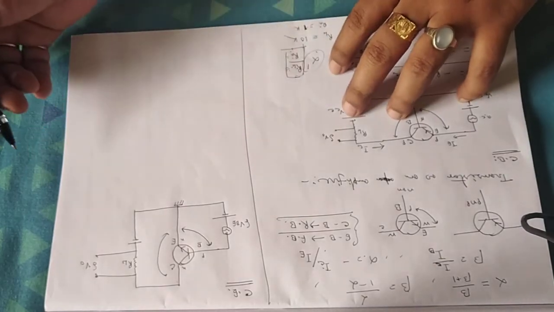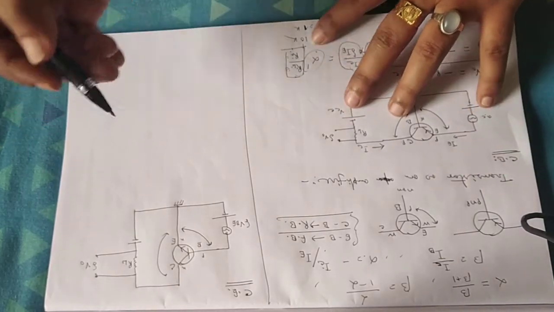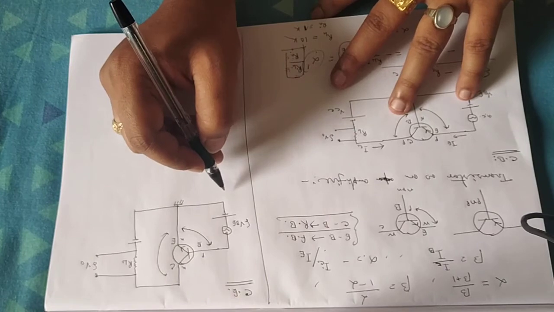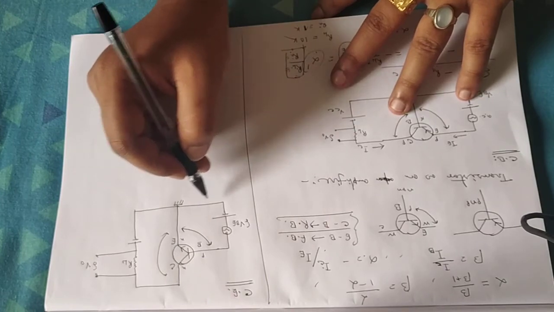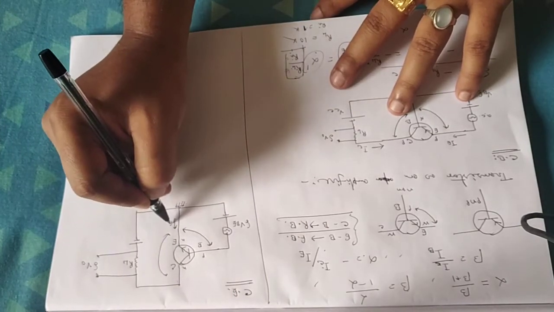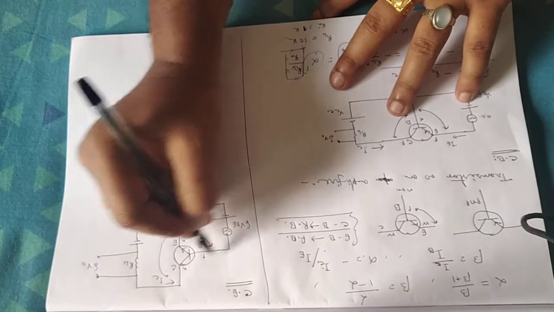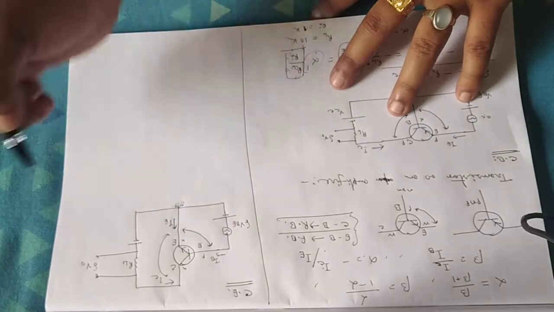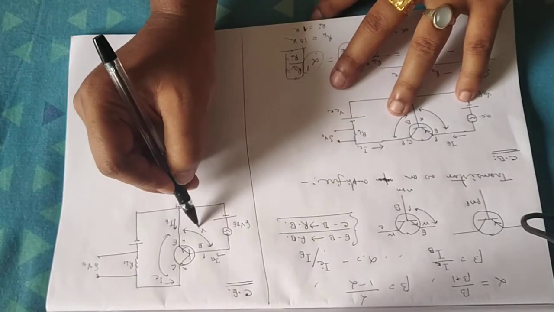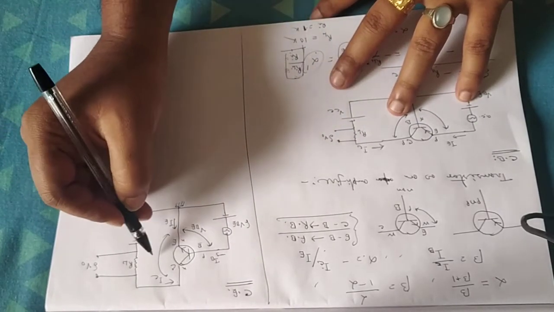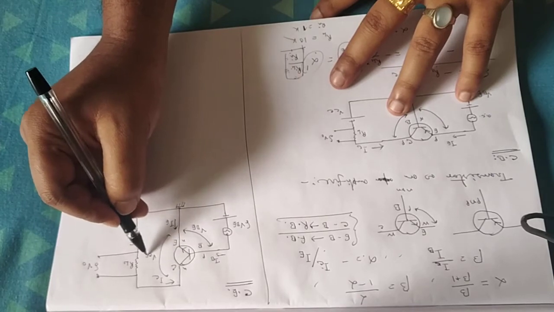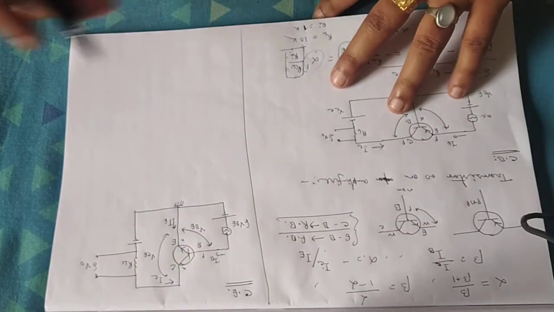So for this circuit, you have to calculate a little. First, in this direction IE, in this direction flows IC, and this will be IB, and this is VBE, the emitter to base voltage. This is VCE, and this is RL.